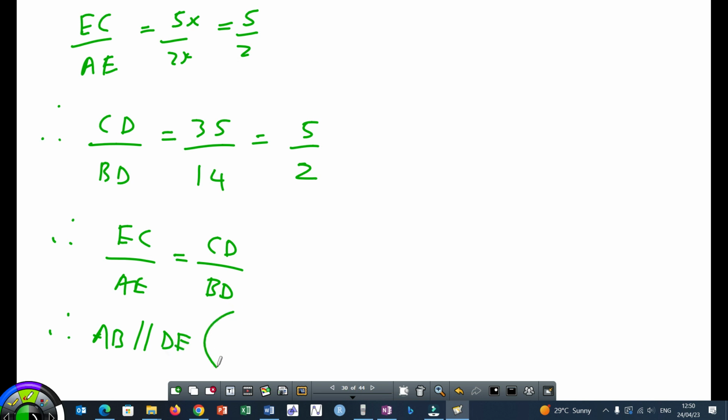Okay? Then I have to give a reason now. My reason is the converse of the proportion theorem. So it will be line divides sides of a triangle proportional. I'll just write it like that. Okay, then you are done.